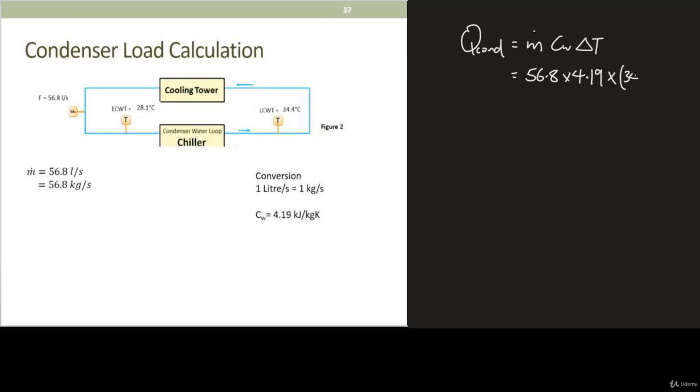So you will need to take 34.4 minus 28.1. So that's the working. The rest is just a calculation.